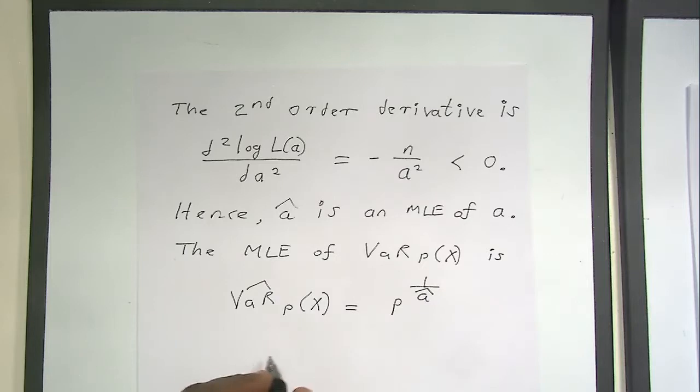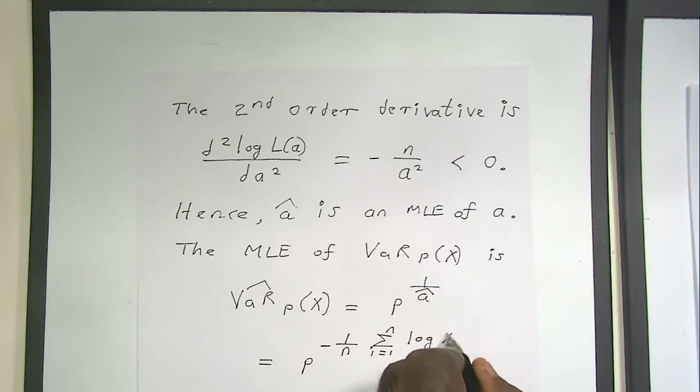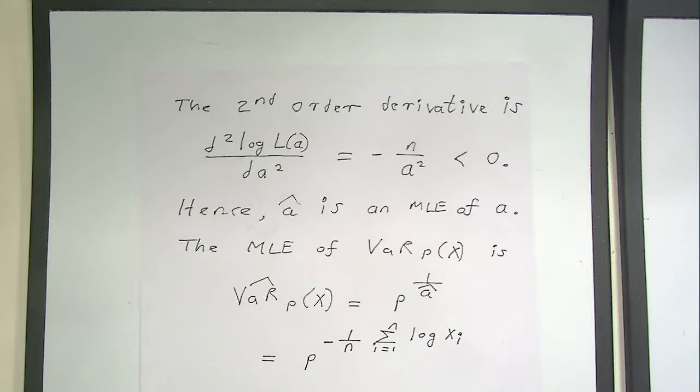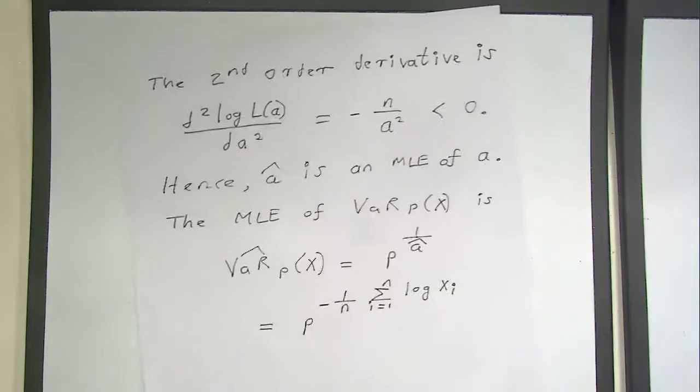Or in other words, we can also write this like 1 over m times the sum of log of xi. Okay, so this is the maximum likelihood estimator for value at risk. All right, I will leave it like this for the moment. Okay, that's number 4.